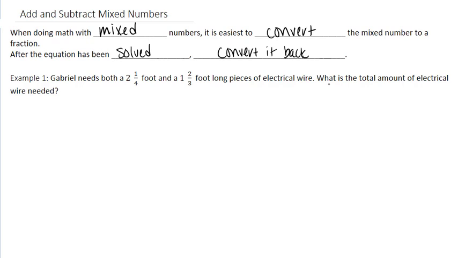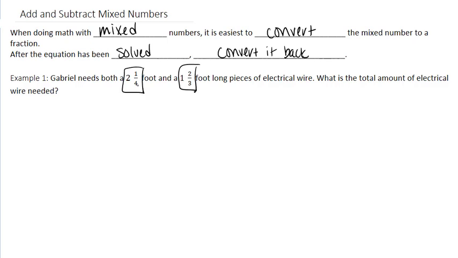So example 1. Gabriel needs a 2 1/4 foot and a 1 2/3 foot long pieces of electrical wire. What is the total amount of electrical wire needed? So we need to add these two numbers together.